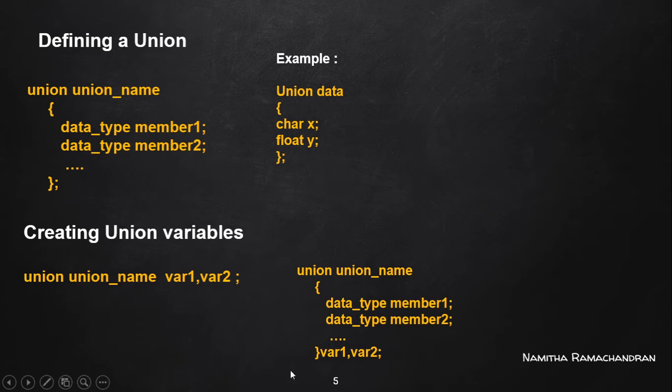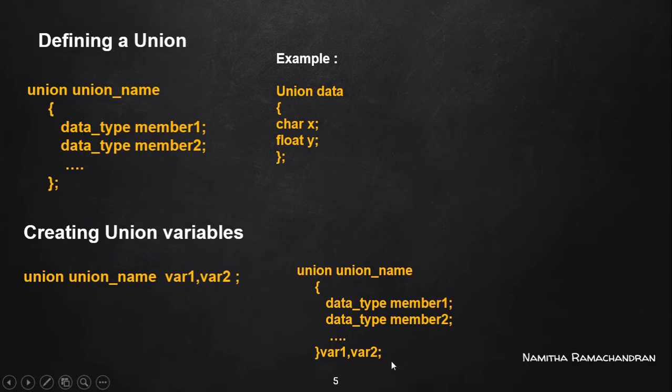Another syntax is the keyword union, then the union name, and inside the braces we specify the members present inside this union, then end with the variable name and a semicolon. Both are valid syntax. This is union declaration and variable declaration in the same step. We can follow this syntax or the other.